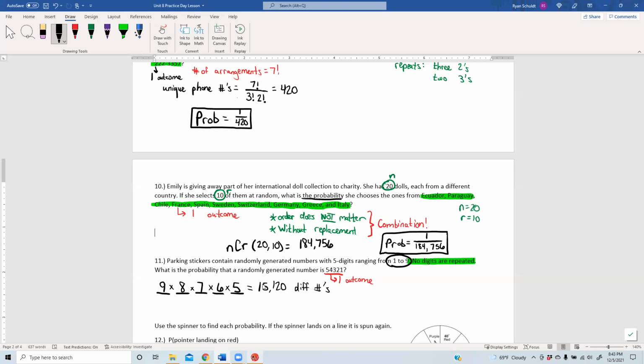Now it wants the probability. What is the probability of getting that one number? Well, that's going to be 1 out of 15,120.